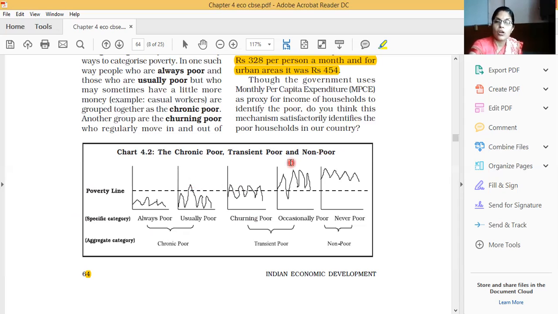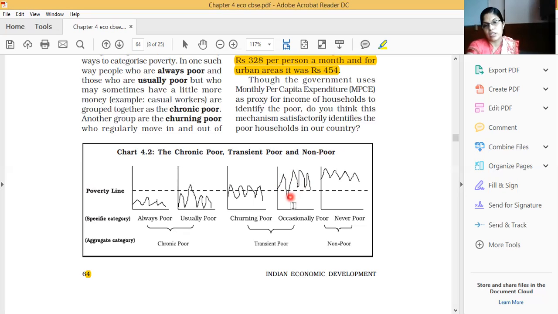Next is occasionally poor. Occasionally poor means that during the season, that person can get a job. Out of season, that person will be removed from the work and will again be poor. For example, in a sugar mill, during the sugarcane season people will get jobs, and when it is out of season, laborers will not get jobs in the sugar mill.